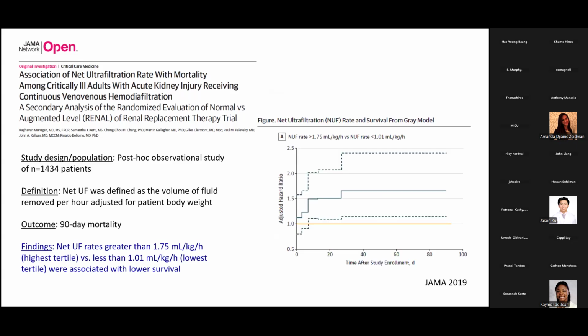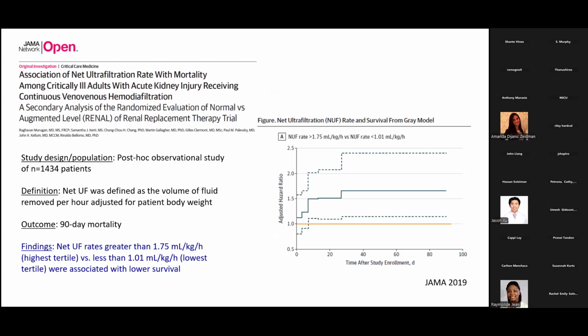So what they found is that net ultrafiltration rates greater than 1.75 ml/kg per hour, the highest tertile in this cohort, versus less than 1.01, the lowest tertile, were associated with lower survival. Okay, so remember, in this trial, patients had multiple indications for renal replacement therapy.